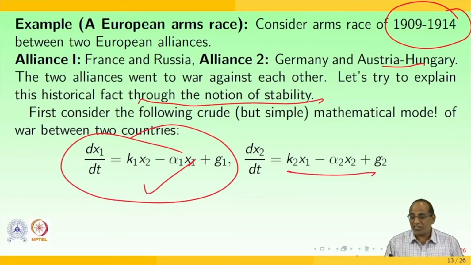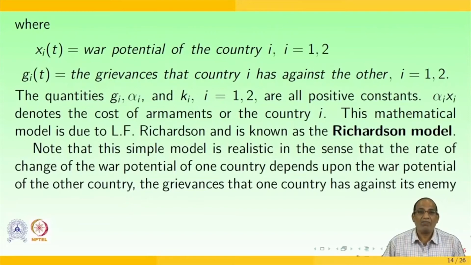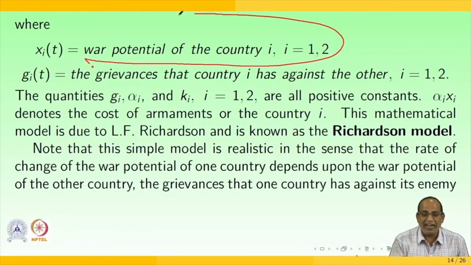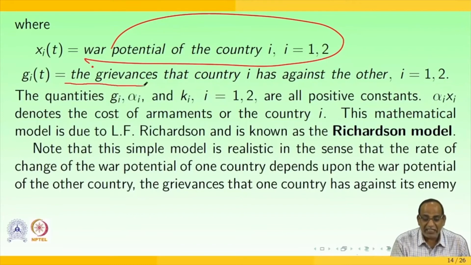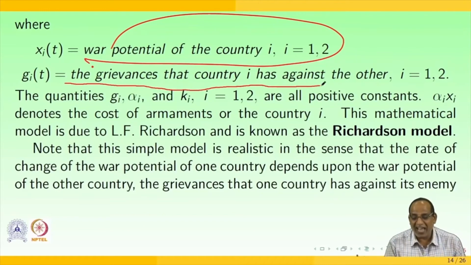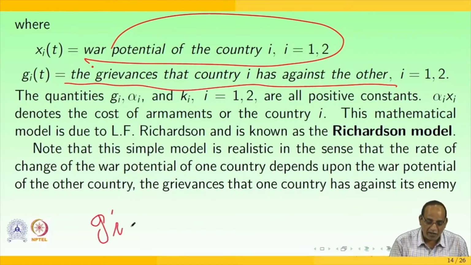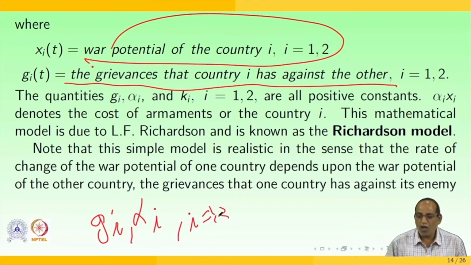So, two differential equations, where x i of t is nothing but the war potential of country i for i equal to 1 to 2, that is both countries, and g i is the grievances that country i has against the other for i equal to 1 to 2. The quantities g i, k i and alpha i for i equal to 1, 2 are all positive constants.